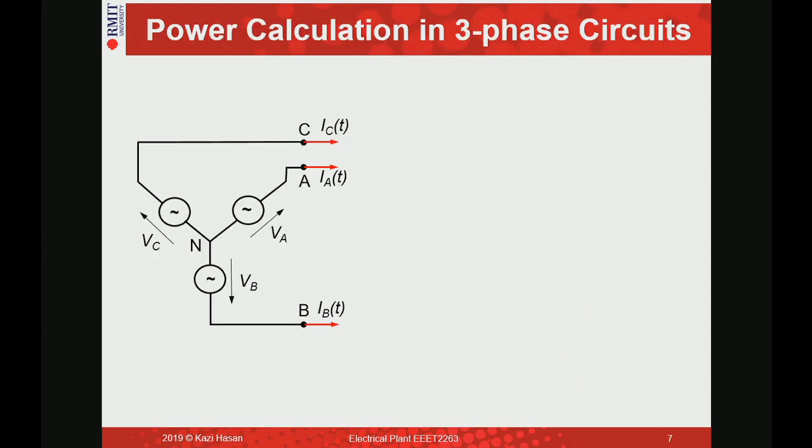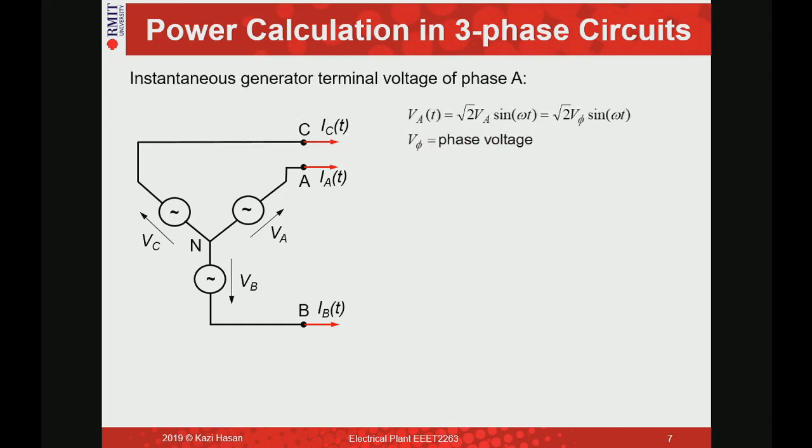So now in the power calculation, we are taking Y connected circuits. It is showing three phases and line currents. We are considering a voltage VA, that is √2 VA sine omega t, and VA is the phase voltage.